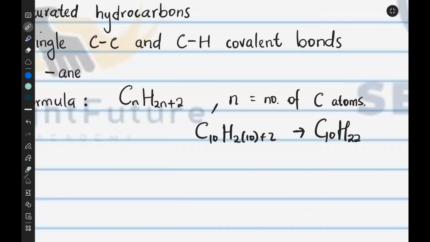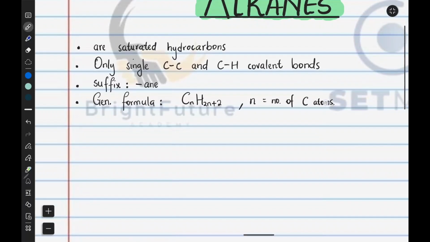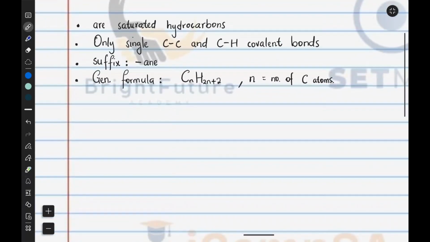So it will have 10 carbon atoms and 22 hydrogen atoms. That's one thing about the general formula. And their homologous series is alkanes.